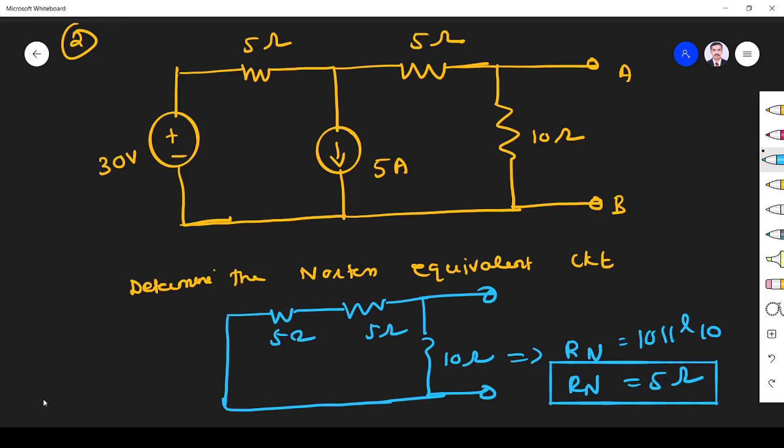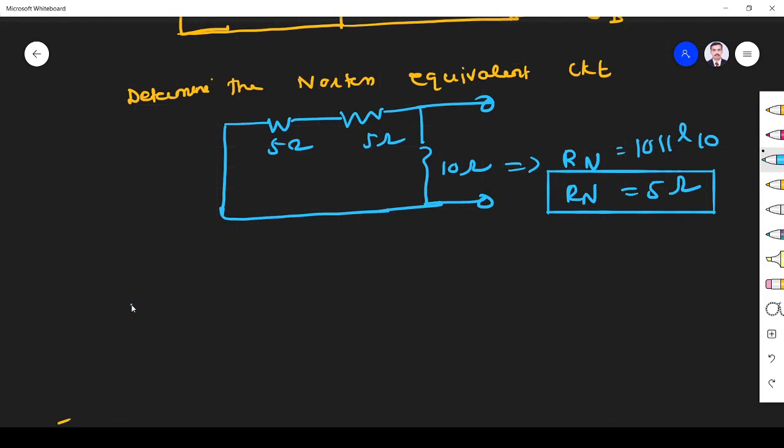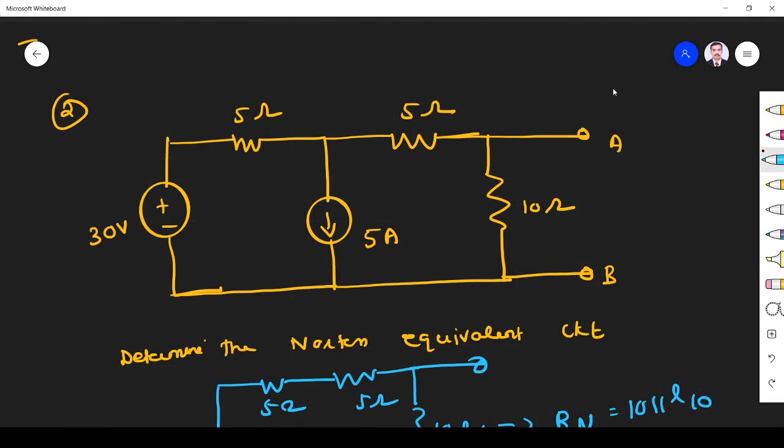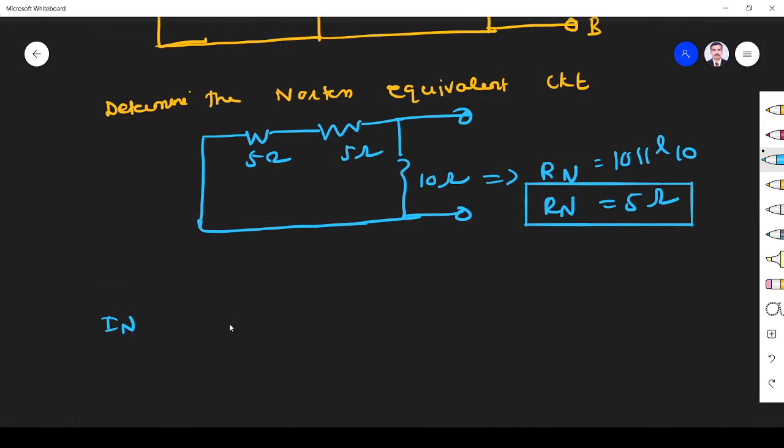Next what we have to find? I Norton. I Norton is obtained by shorting the corresponding terminal. That means we have to short this terminal and find the current through this terminal. So let us see how we are going to find it. I draw the circuit first. Plus minus 30 volt.